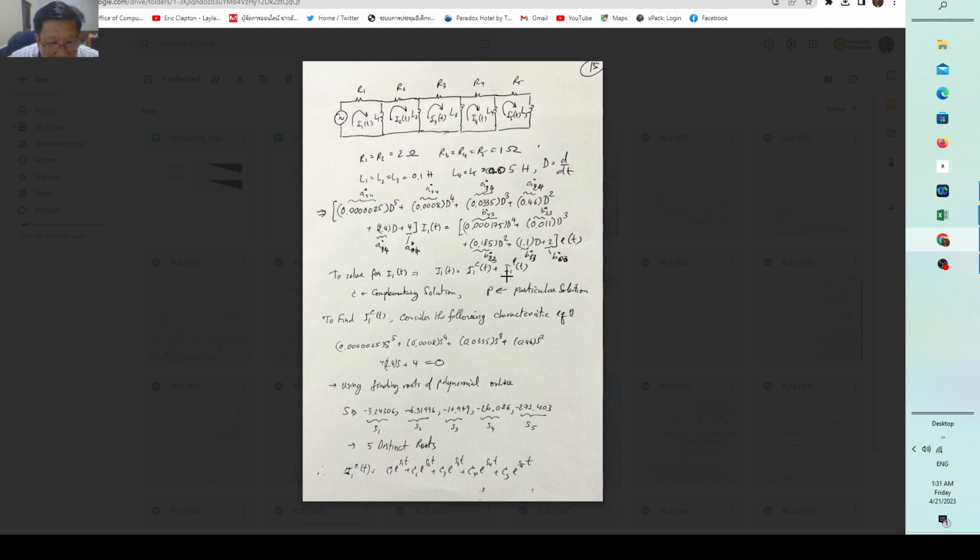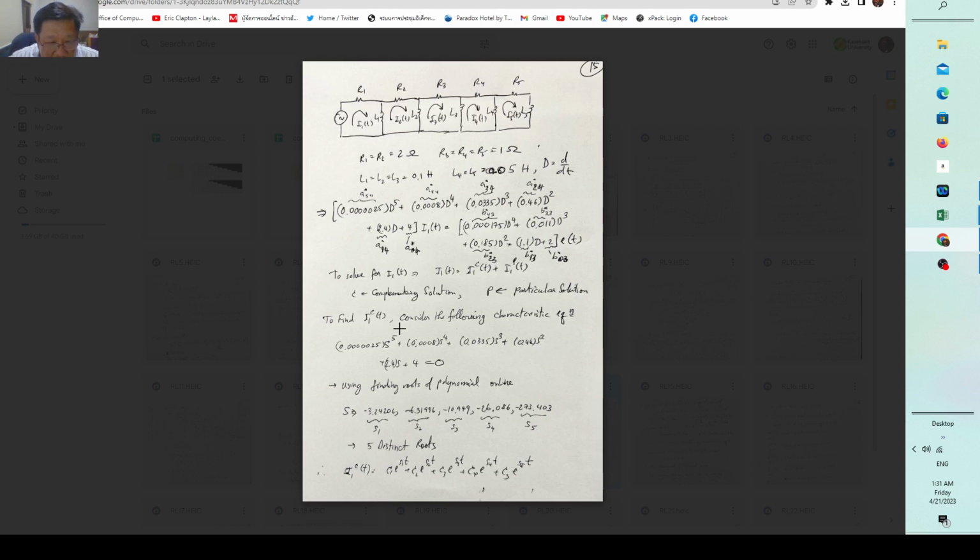And the other term is I sub 1 superscript p(t). P is abbreviated from particular solution. If you remember, to solve a differential equation, you have two types of solution: the particular solution and the complementary solution.